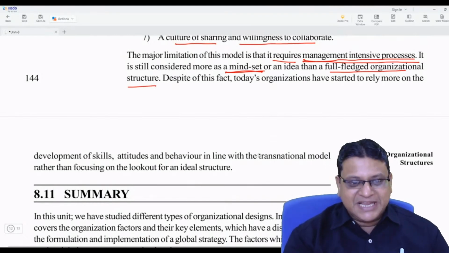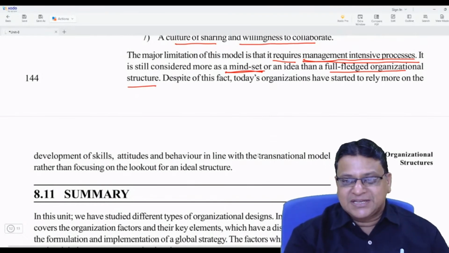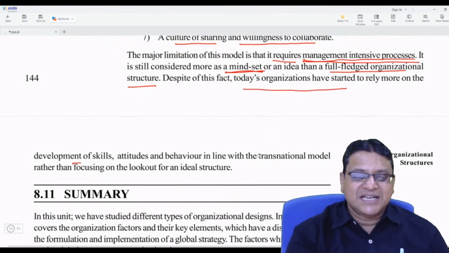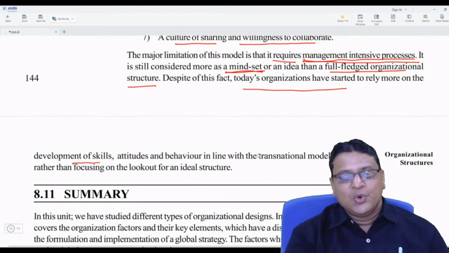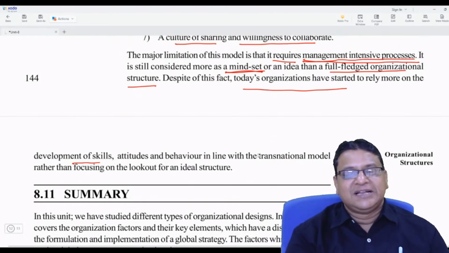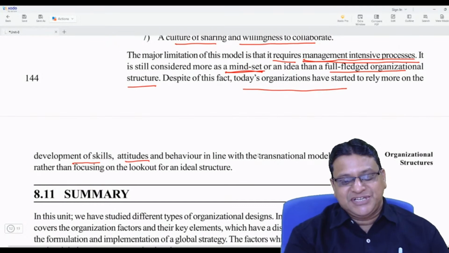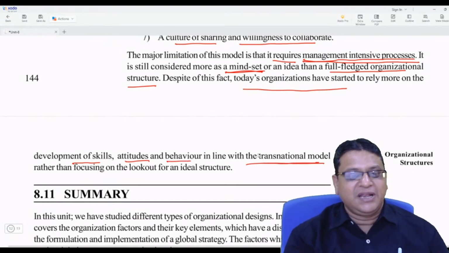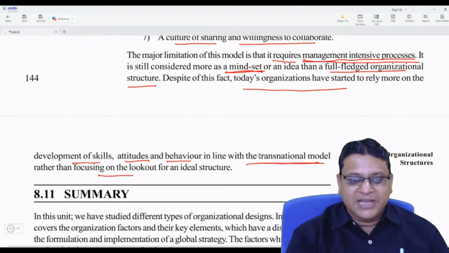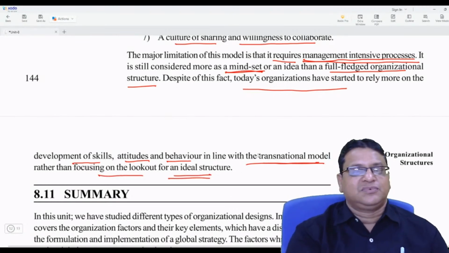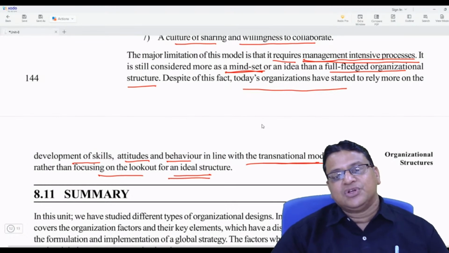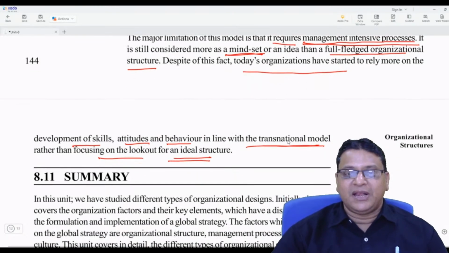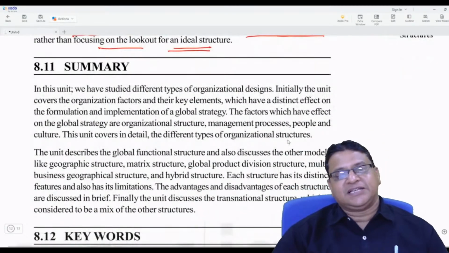But whatever may be the case, today's organizations have decided to follow the transnational organizational structure, which relies more on development of skill, attitude, and behavior in line with the transnational model rather than looking out for an ideal structure. So most of the MNCs are now following the transnational model for designing their organizations.